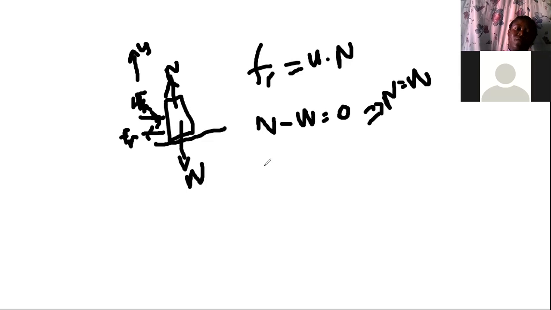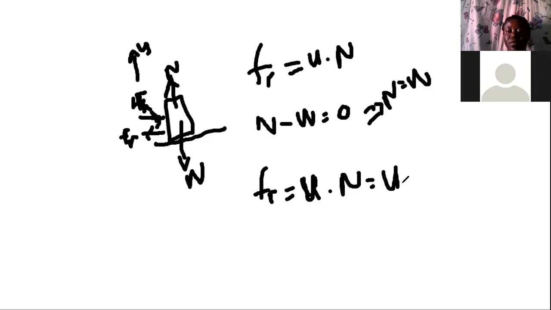Okay, so therefore our friction force is going to be equals to the coefficient of the friction times the normal force, which is equals to the frictional coefficient times the weight, where our weight is equals to mg. Because this weight is due to the gravitational acceleration, we have the mass times the gravitational acceleration.